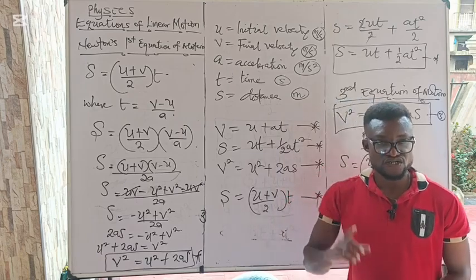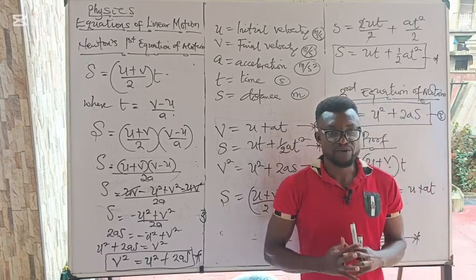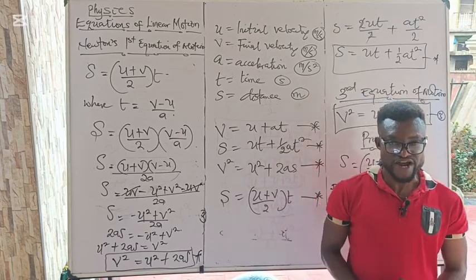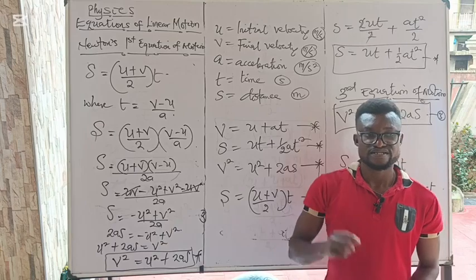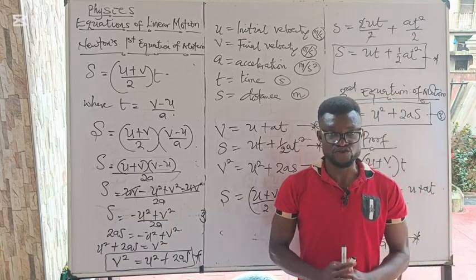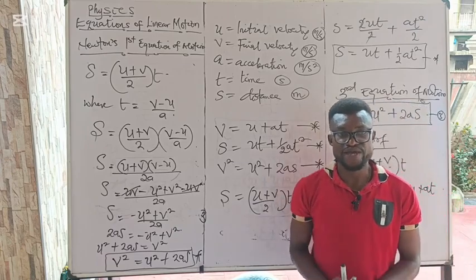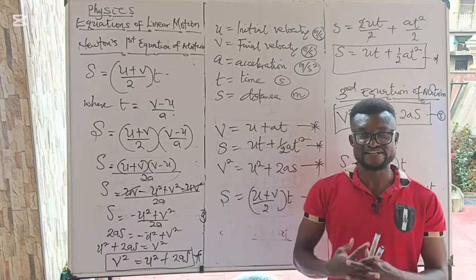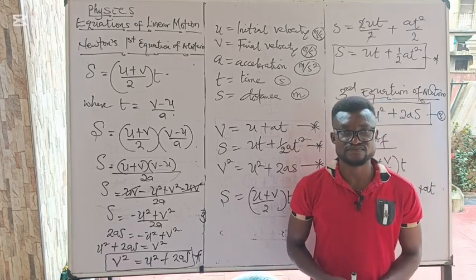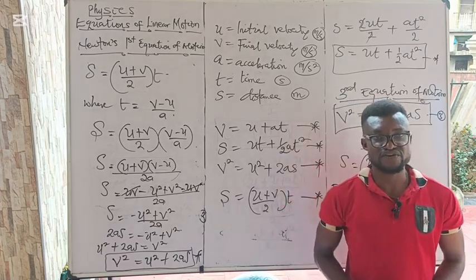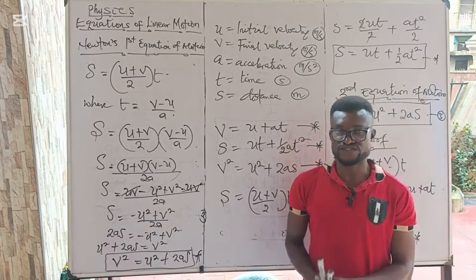Number 1, when a body moves or accelerates from rest, its initial velocity u equal to 0. I repeat. When a body moves or accelerates from rest, its initial velocity u equal to 0.